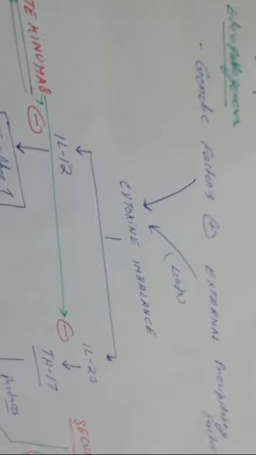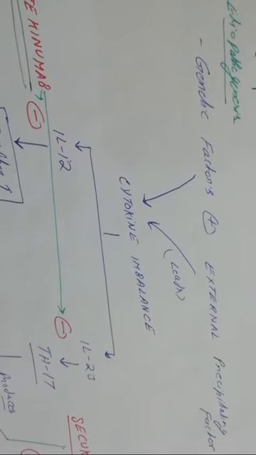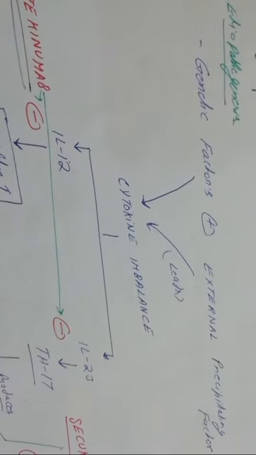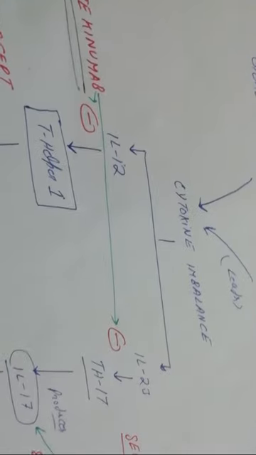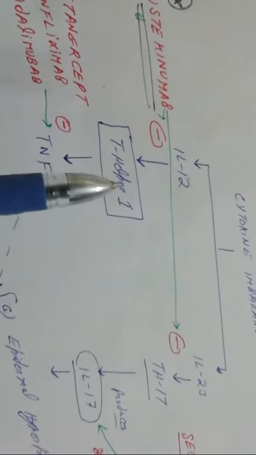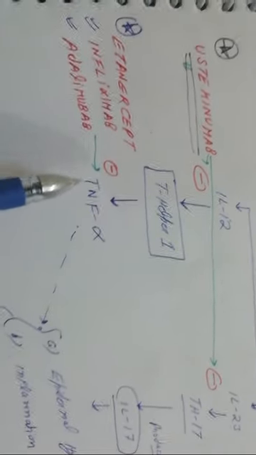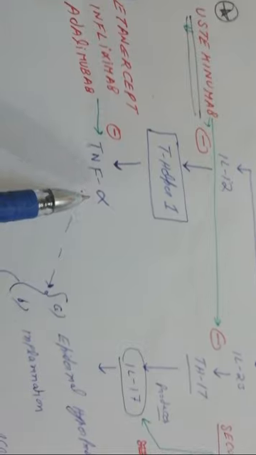Now, what do you mean by cytokine imbalance? Normally our body has cytokines and cells. Say for example, if there is an excess or increase in interleukin 12 or interleukin 23, this interleukin 12 activates the T helper cells, and these T helper cells in turn release tumor necrosis factor alpha.